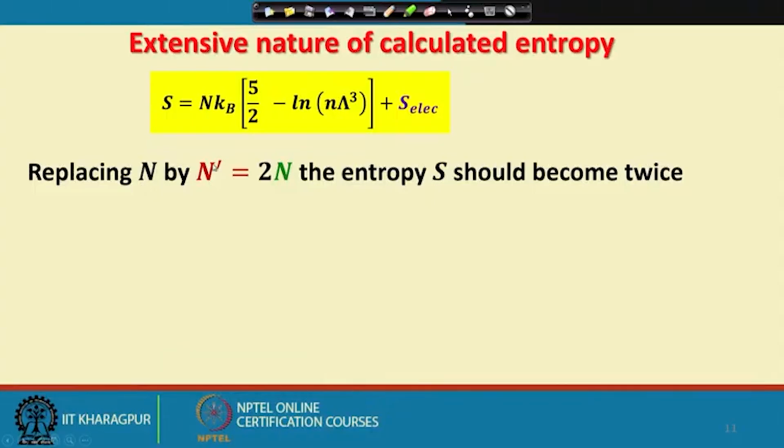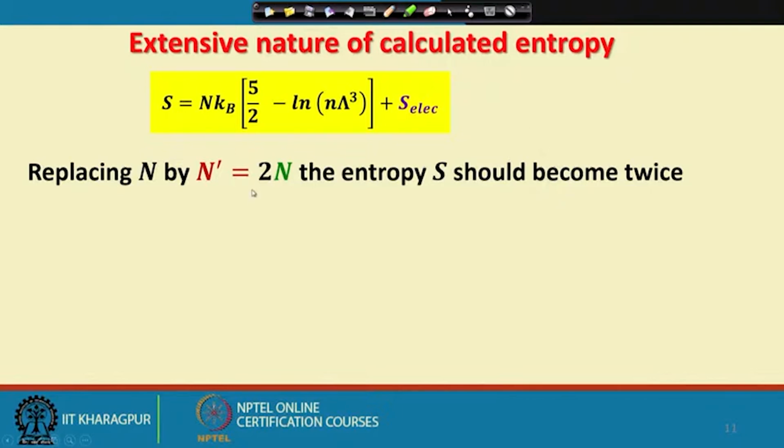Now, we are going to test if the expression that we have obtained for entropy in terms of the Sackur-Tetrode equation correctly tells me that if I replace N by 2N, or in other words, if I replace N by N' such that N' is equal to 2N, and if I have done everything correctly, then if the Sackur-Tetrode equation is correct, the entropy should become twice its original value.